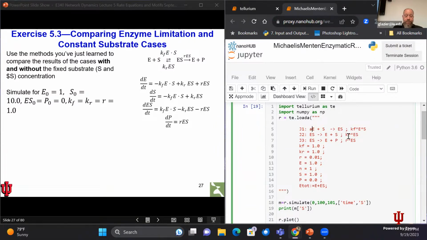Well, in this field, most of these use an internal representation called Systems Biology Markup Language, SBML. And the limitation that we're facing here is a limitation in SBML.